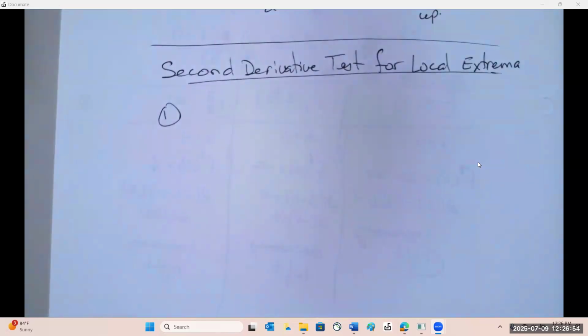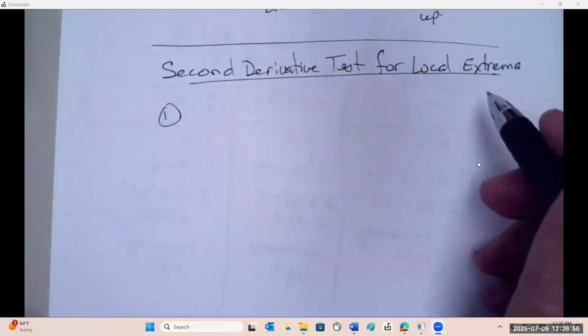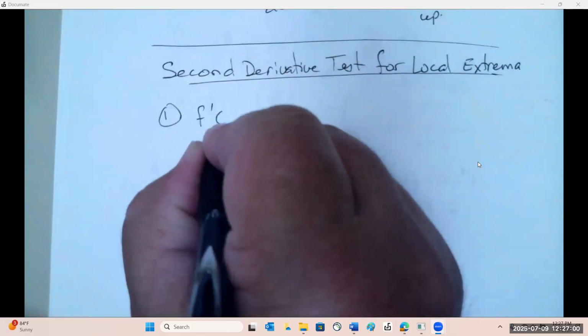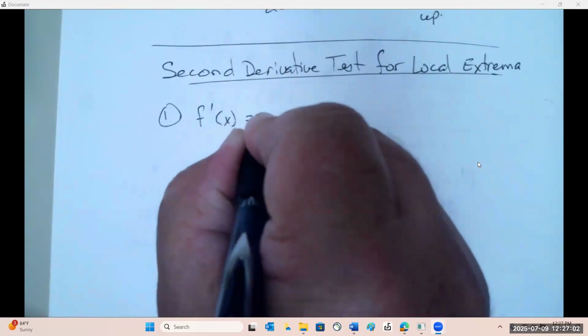Remember, what do we know so far? Extrema occur when? When the first derivative is equal to 0.